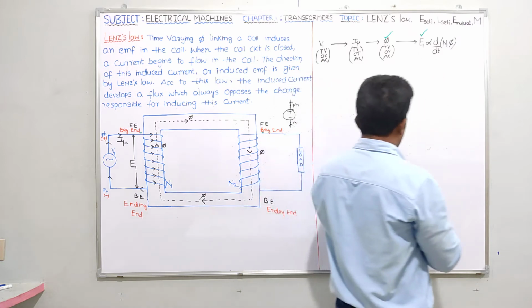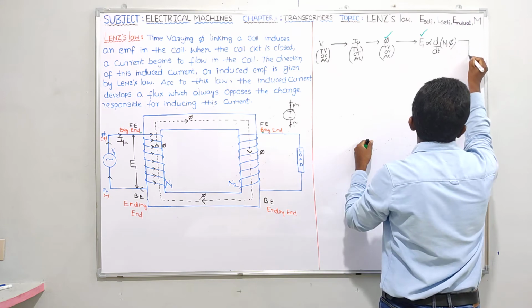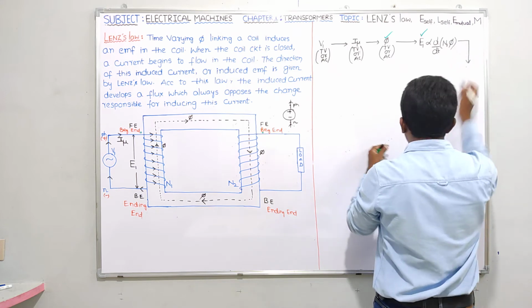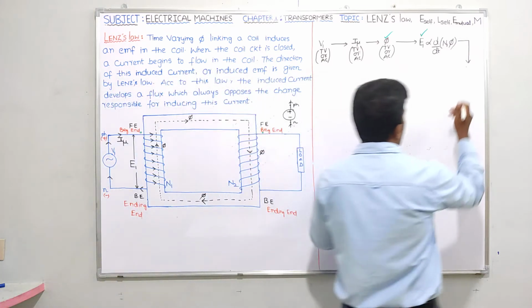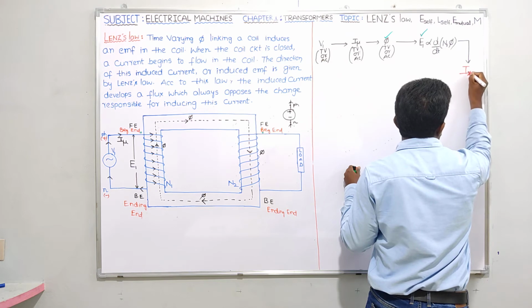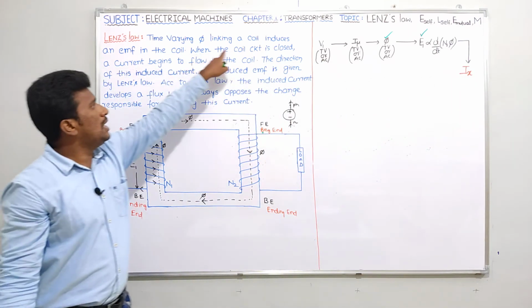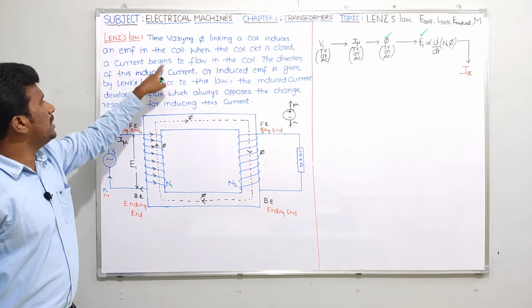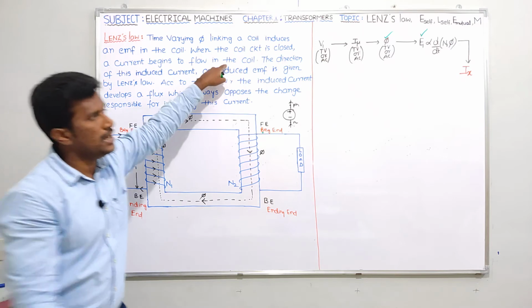Now please see, because of this E1 we will get a current Ix. When the coil circuit is closed, a current begins to flow in the coil. What is that current? Ix.